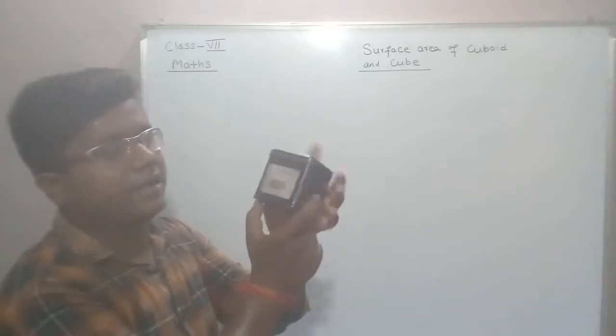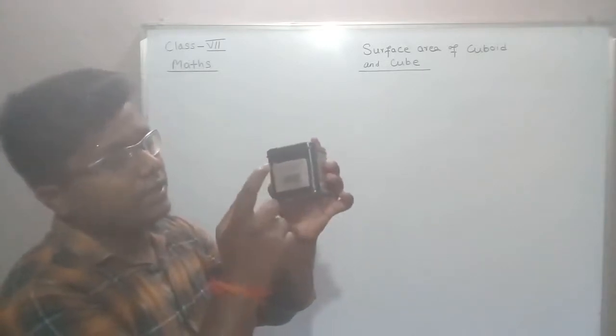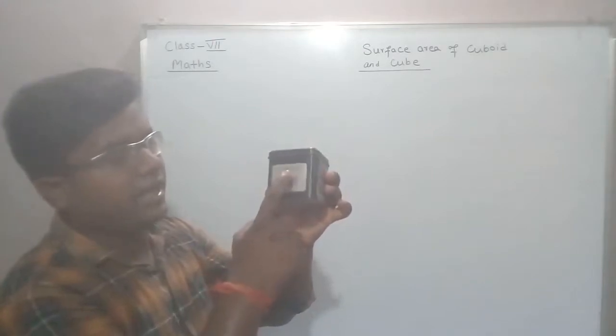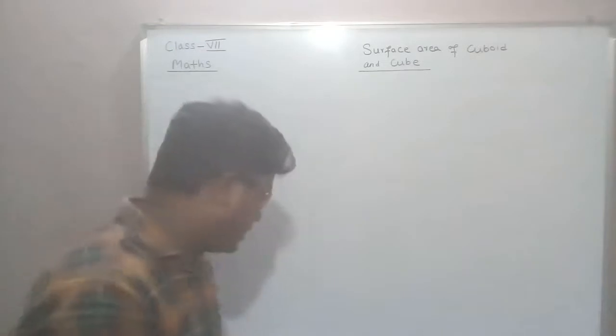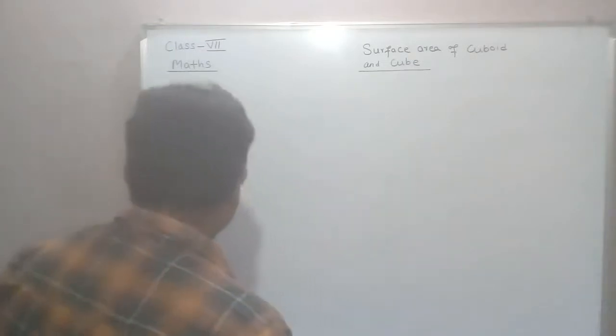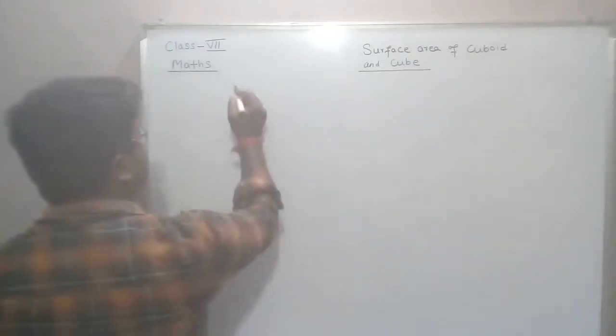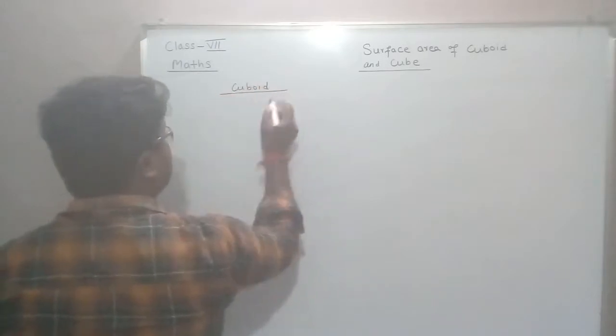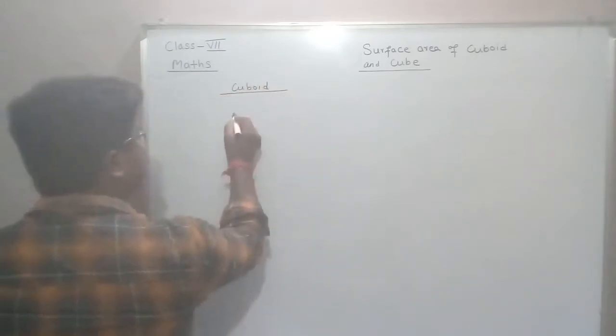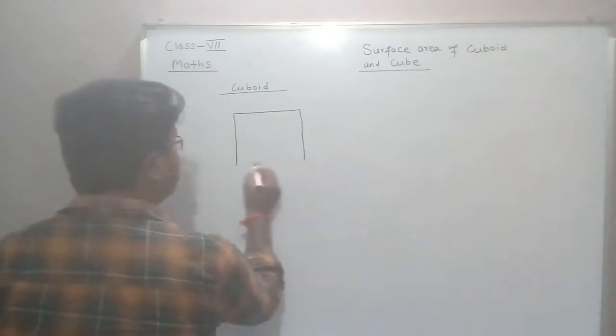Altogether it has 6 surfaces. I am also making the figure here for the cuboid. Let's see how I am making the figure.